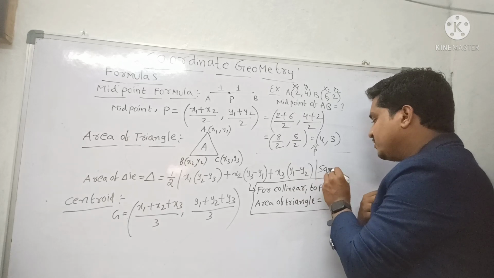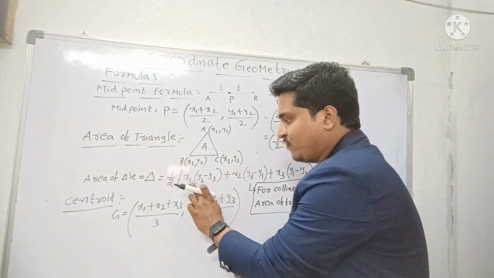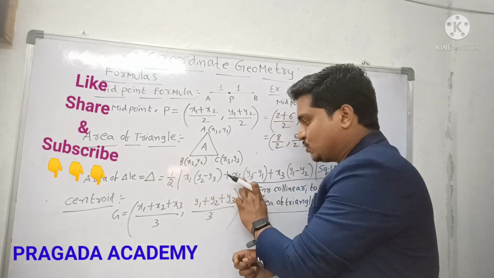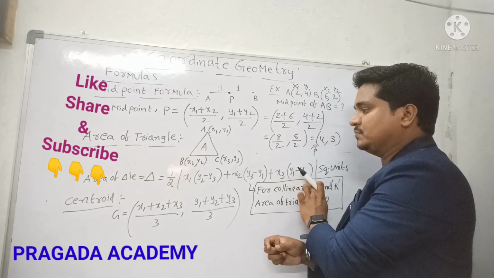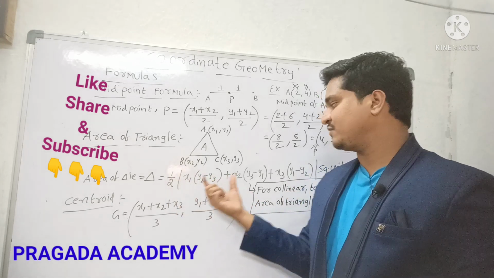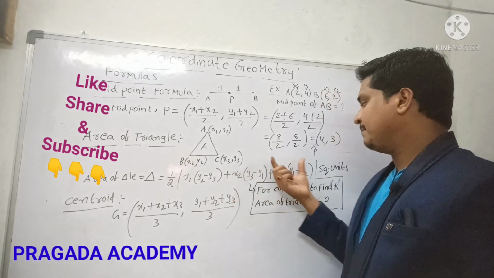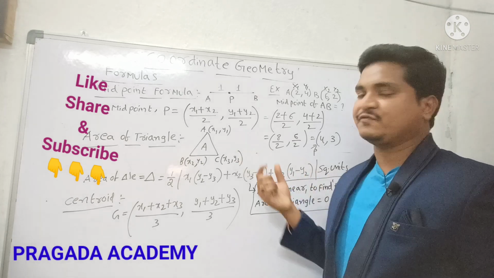We need to write square units for the area. See here, if you write 1, next will be 2 and 3. If you write 2, next will be 3 and 1. If you write 3, next will be 1 and 2, and apply the minus. So 1 by 2 into x1 into (y2 minus y3) plus x2 into (y3 minus y1) plus x3 into (y1 minus y2). Square units will be the area of the triangle formula.